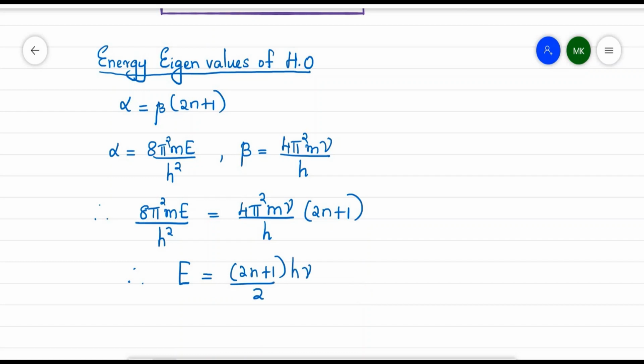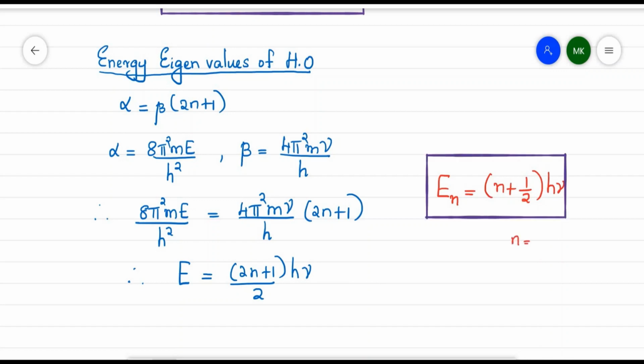That is, we can write En equals n plus half into h nu, where n equals 0, 1, 2, 3, etc. Here h is the Planck's constant, nu is the frequency of oscillation, and this represents the energy eigenvalue of the one-dimensional harmonic oscillator.